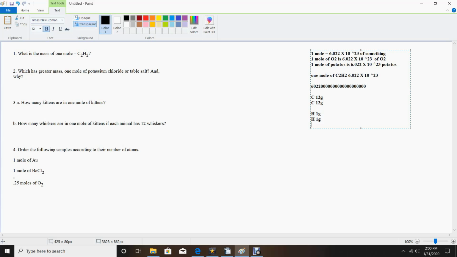If we add these up, 12 plus 12 is 24, plus 1 is 26. There are 26 grams of mass in 1 mole of C2H2.